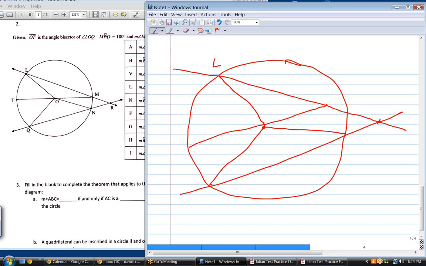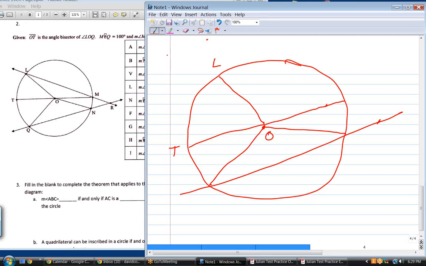That's L. This is T. O. The center of a circle is always O. I didn't get the rest of it right, though. Here, hold on. Let's see. That has to go all the way to there. And this thing intersects it.